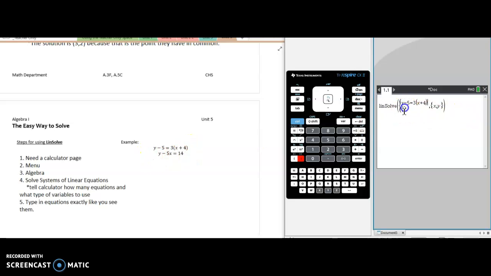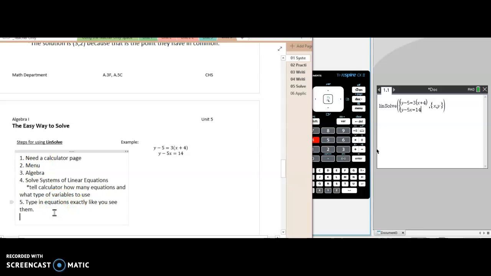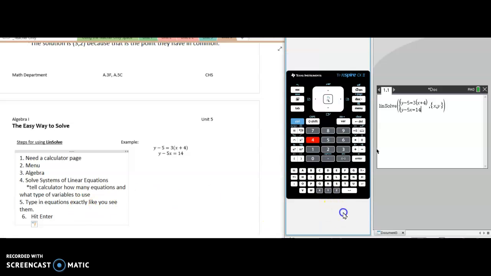The one on the bottom, we're going to go y minus 5x equals 14. Okay? And then you hit enter. I guess I should have put and then hit enter, because that's important. Hit enter.